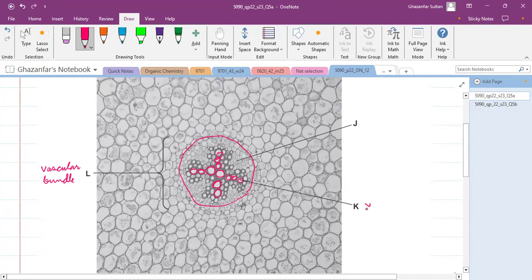So K is xylem, while J is phloem. These four structures are phloem. One bundle, second bundle. So these sub bundles are phloem.